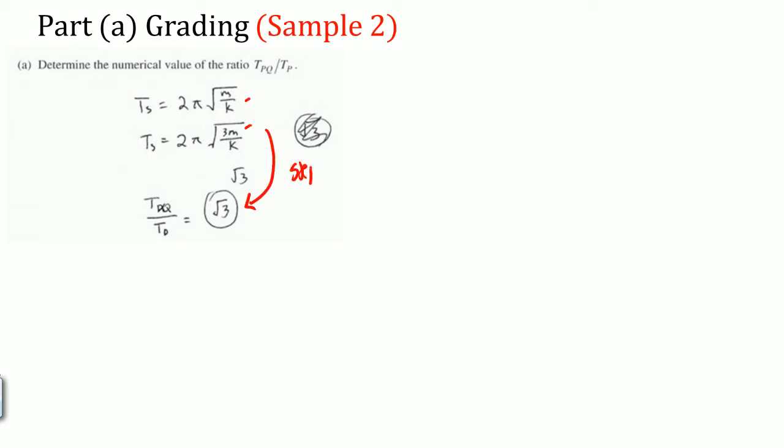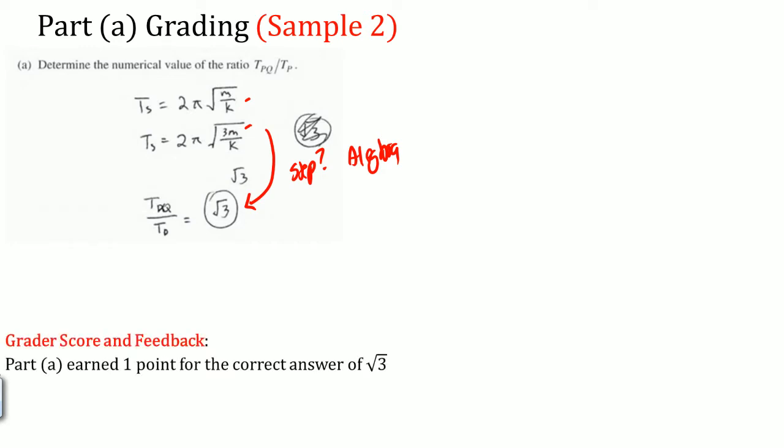Where are the steps here? The student still got the correct answer, but how did they get it? The graders didn't even care. The graders still give them that point. The graders will only look at the final answer. So the algebra didn't really matter when they asked you to determine here.